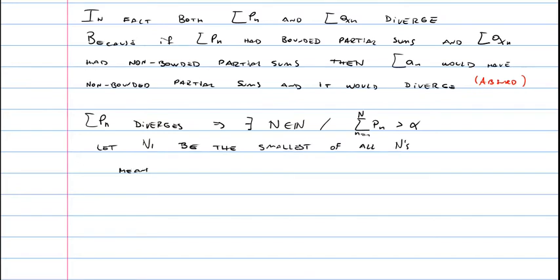What this means is that the sum from n equals 1 up to n1 minus 1 of p sub n is smaller than or equal to alpha. But the sum from n equals 1 up to n1 of p sub n is greater than alpha. So we are adding just enough positive numbers to be above alpha.